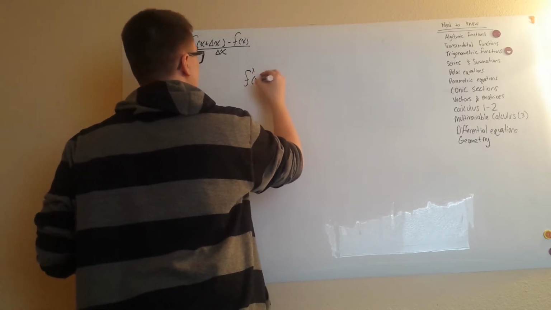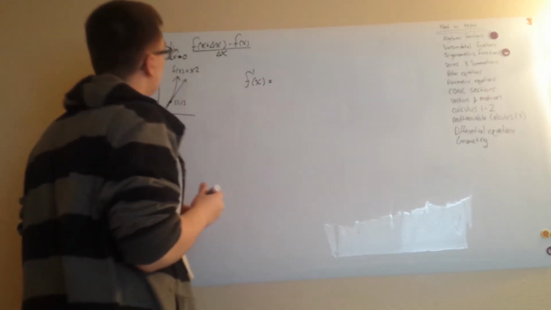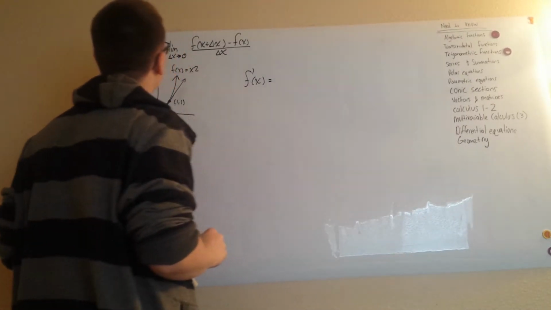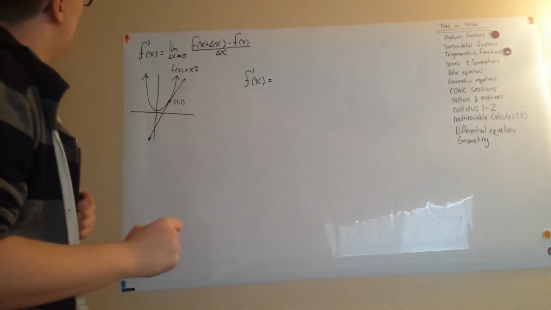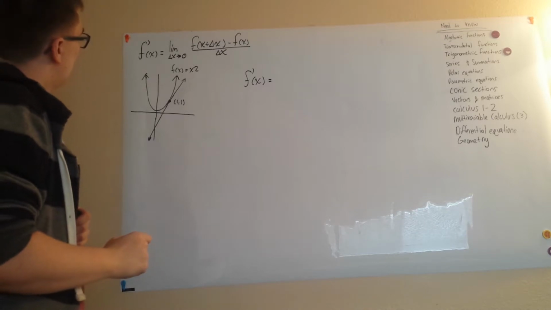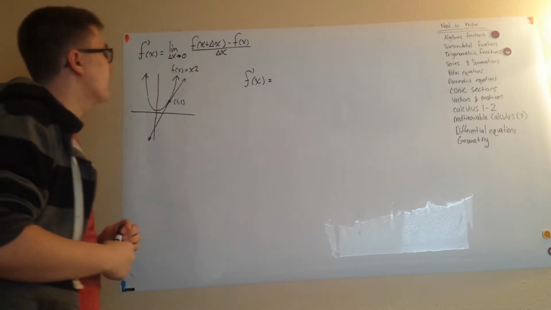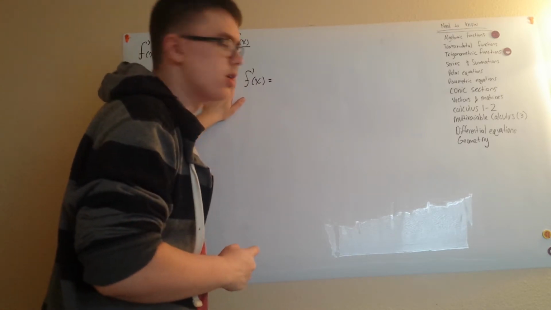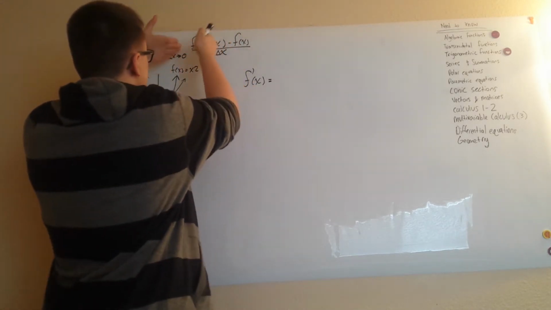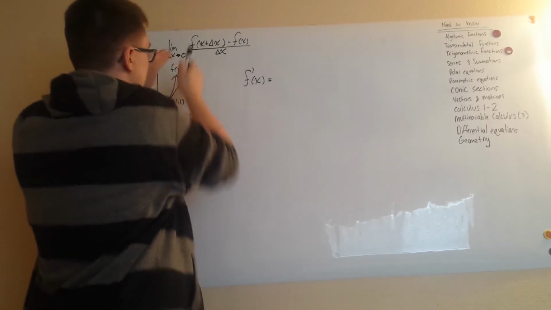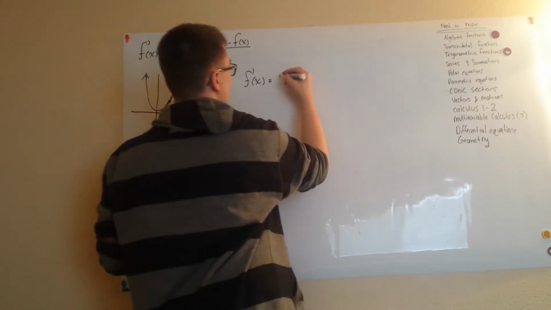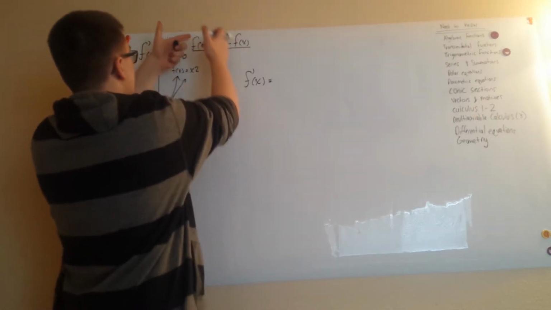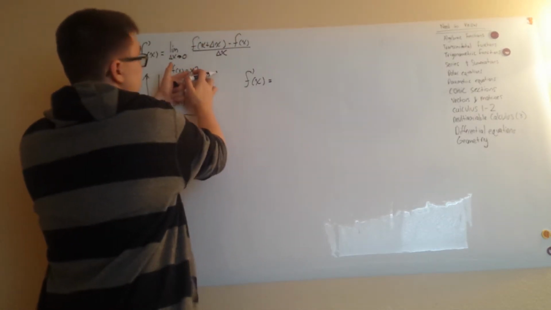f prime of x equals... What is f of x plus delta x? Well, let's plug x plus delta x inside of our function, which is x squared.